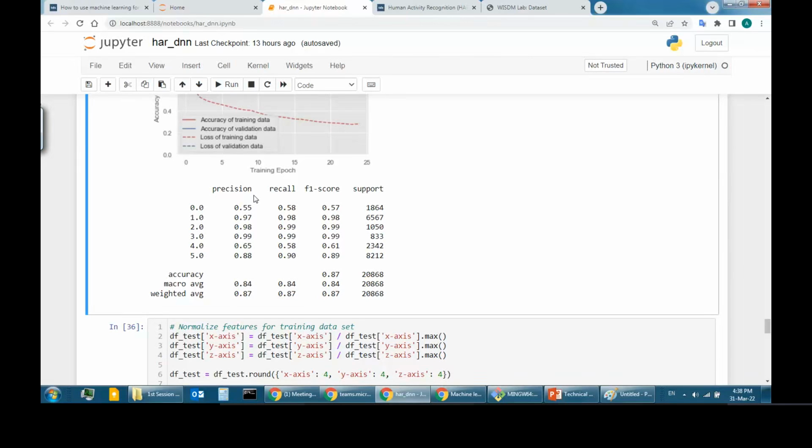So this is referring to, only for what you said was walking, how many percent of the time you were correct. Okay, it was walking many of the times, but you missed some. And precision means whenever you said walking, how much of the time it was actually walking.